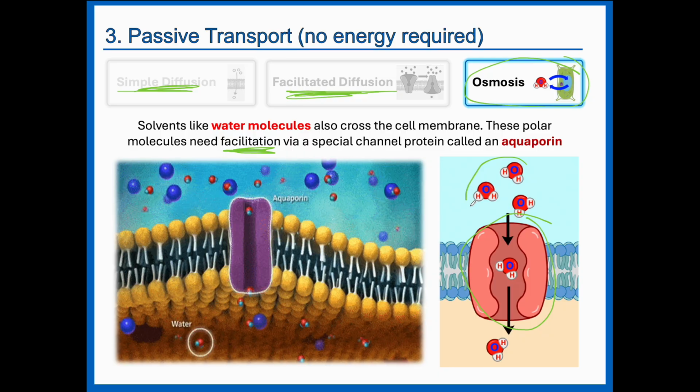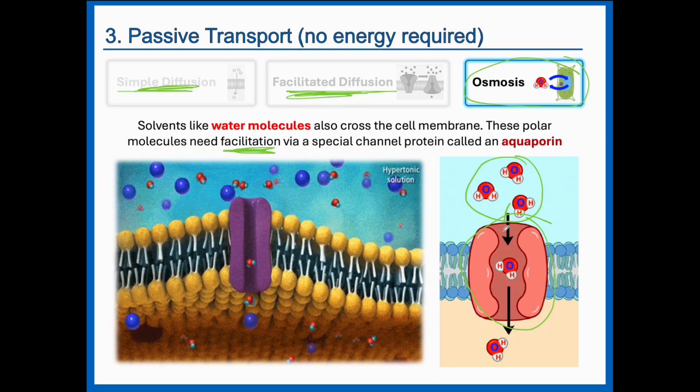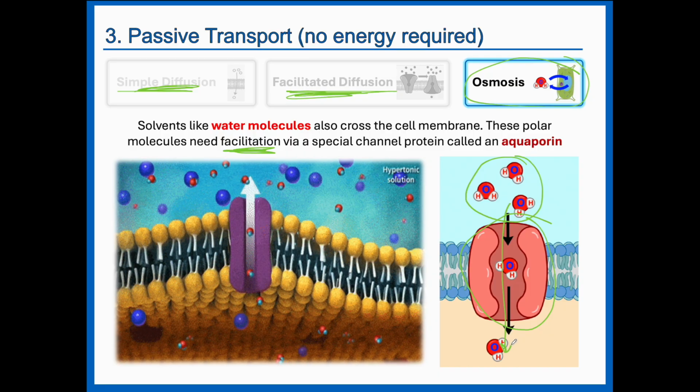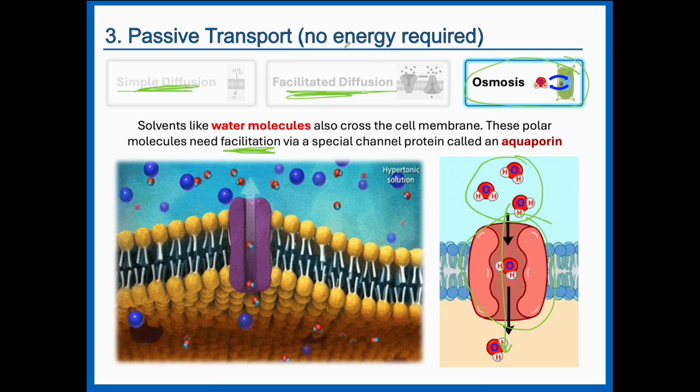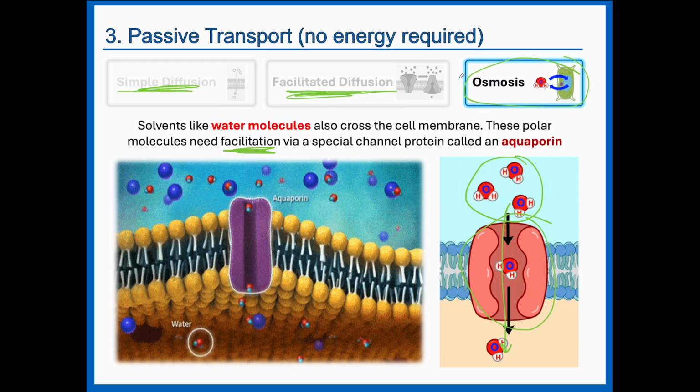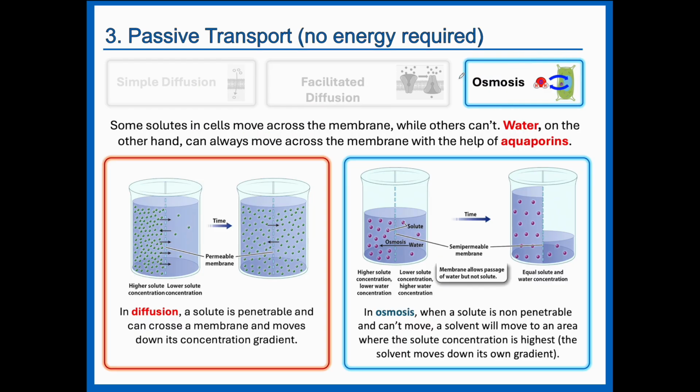So here you have high amounts of water and they will move to this lower region over here, right? Water also moves down. So that's a type of facilitated diffusion. It's called osmosis.